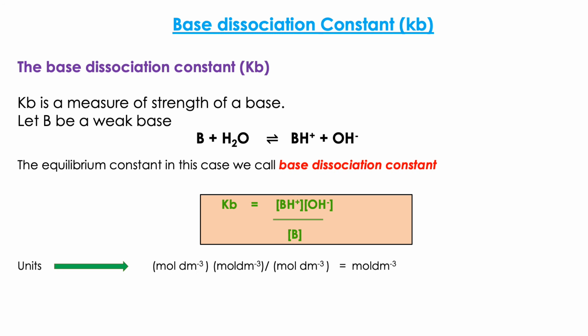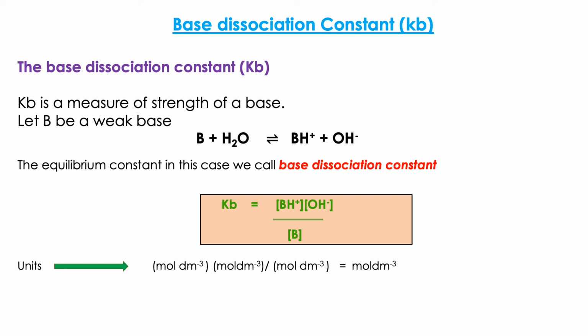Let us now discuss the base dissociation constant Kb. Kb is a measure of the strength of a base. Let B be a weak base. When B reacts with water, water acts as an acid and donates a proton to the base B, so it forms BH plus and OH minus.